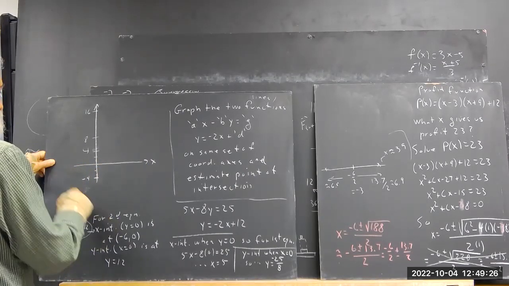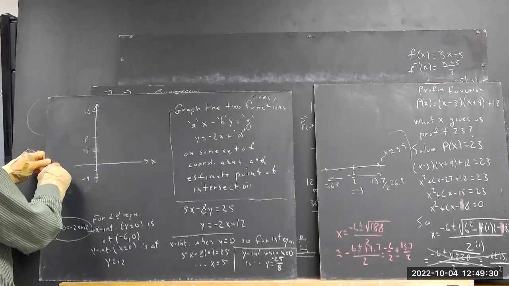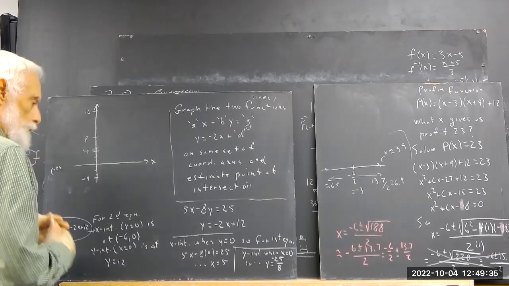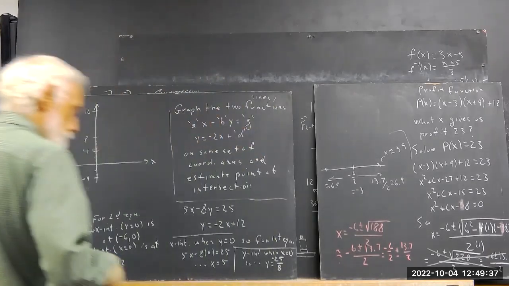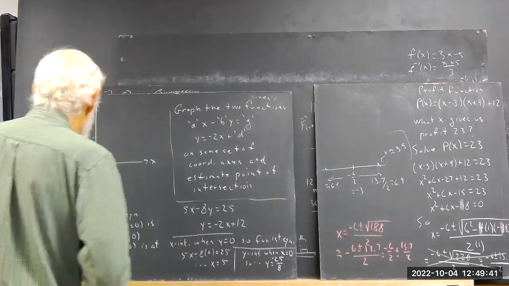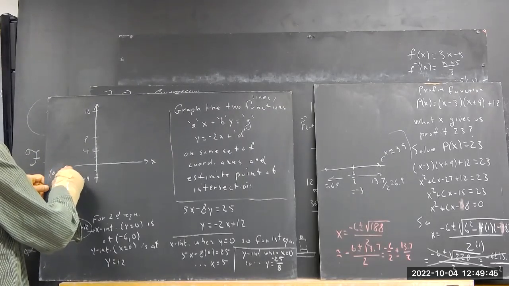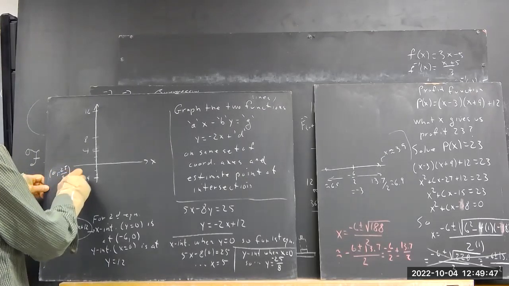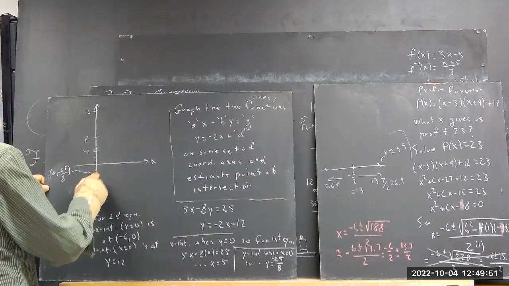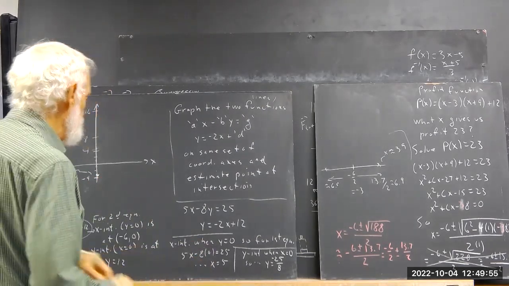So my y-intercept for the first equation is -25 eighths. I'll put down 0, -25 eighths. Going to go about here. That's the y-intercept. And the x-intercept was 5.